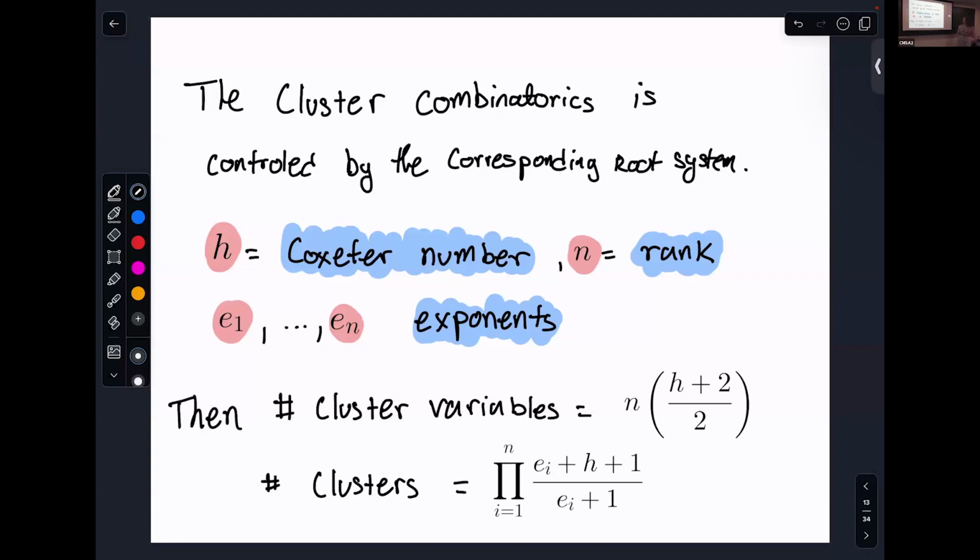If we know the exponents of the root system, we can compute the number of clusters with an amazing formula, which I think is pretty surprising. While I have some idea of why this formula is true, I don't know if there's a way that proves it in a uniform way for each case. I think that's interesting, but I won't spend too much time on that. So really, the root system tells us everything about the cluster algebra in some sense.